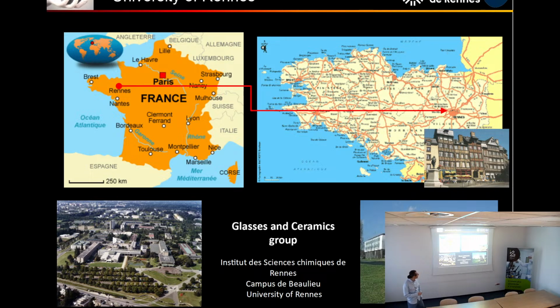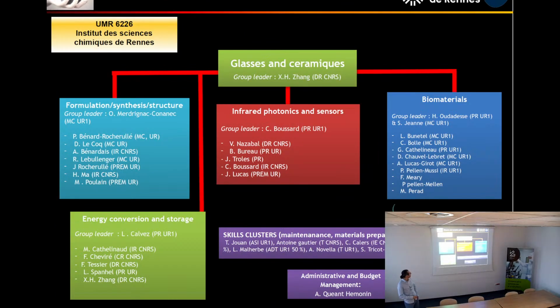Our building is the main place for a big institute of chemistry, where you have organic chemistry and also inorganic chemistry. And our group, the Glass and Ceramics group, is one of the inorganic chemistry research groups.